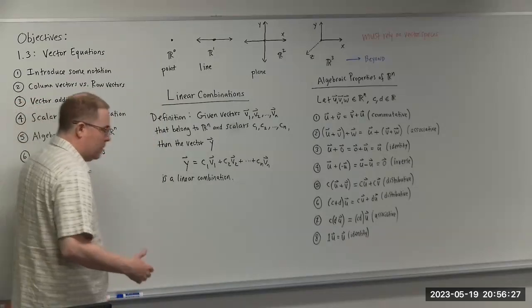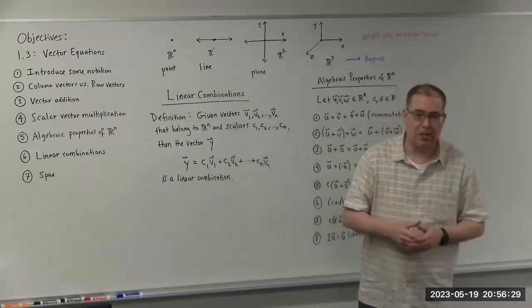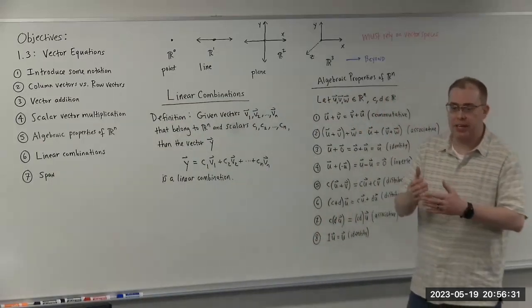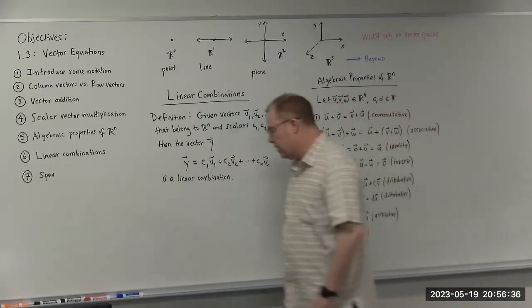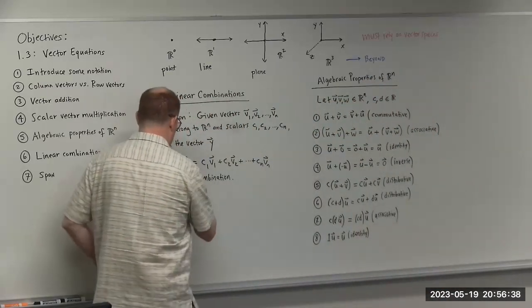So when we say that a vector can be expressed as a linear combination of a collection of vectors, that's what that means. That's the form that we're talking about.